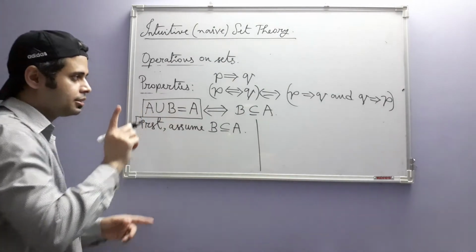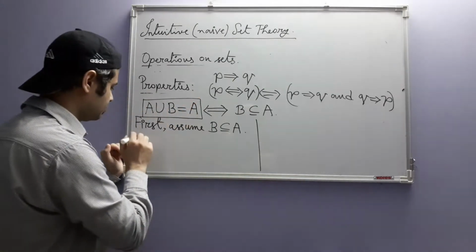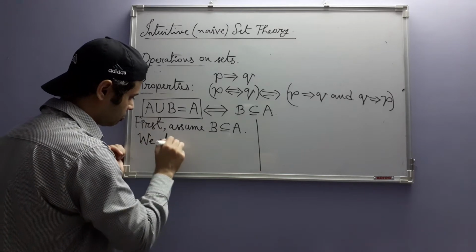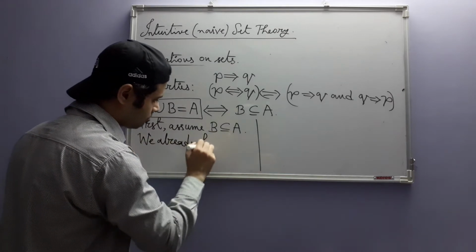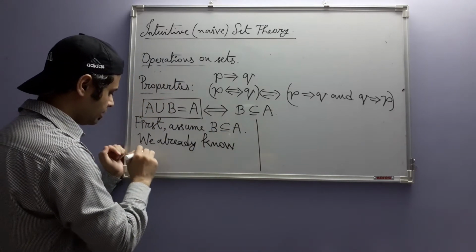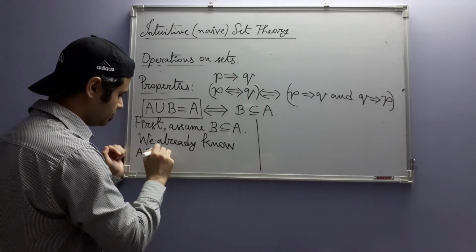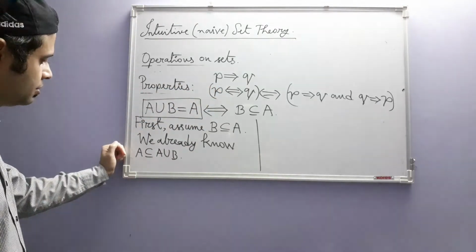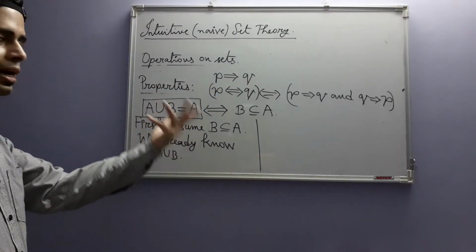But you already see from the third property, we already know that A is a subset of A union B. Just now we have proved. So I have to show the other containment.